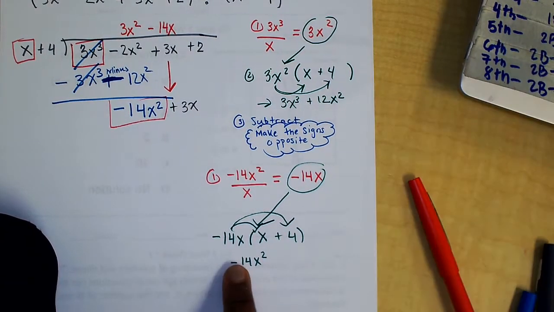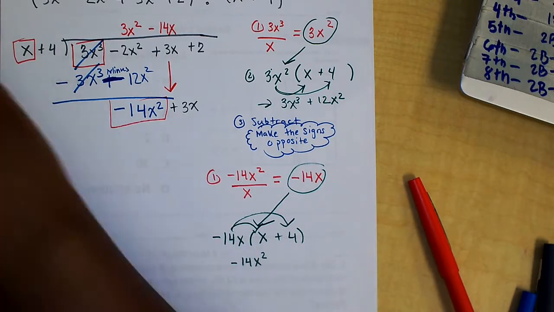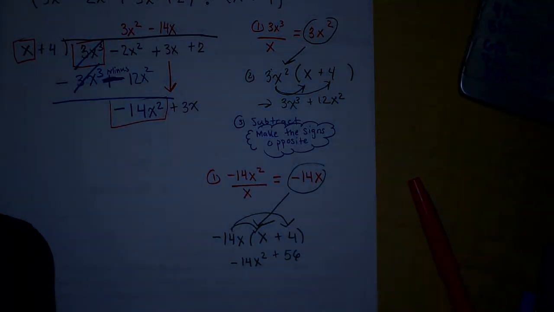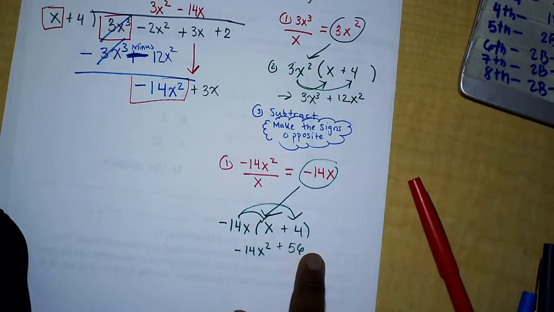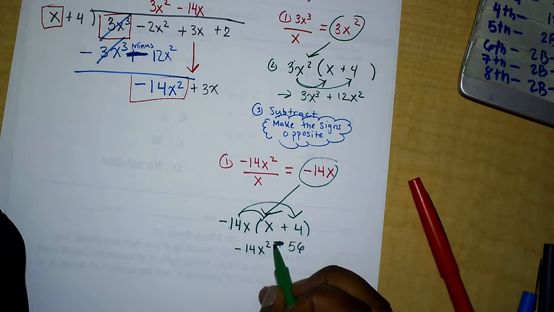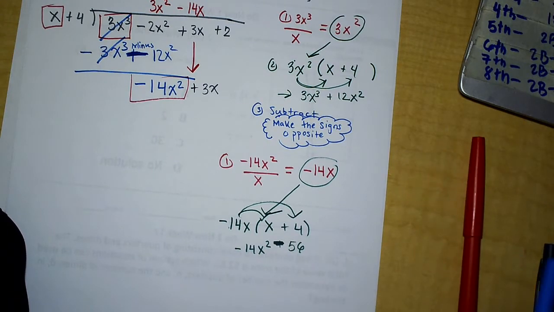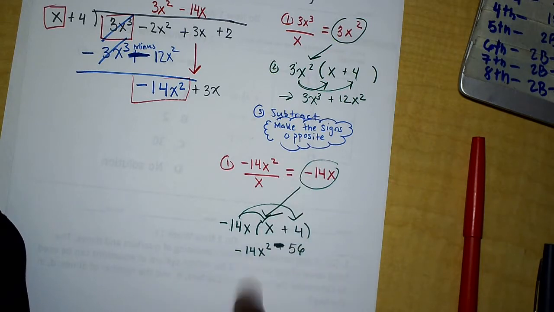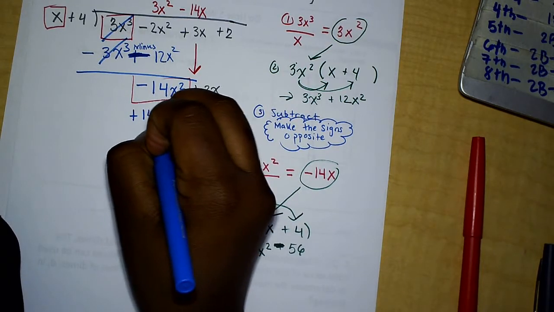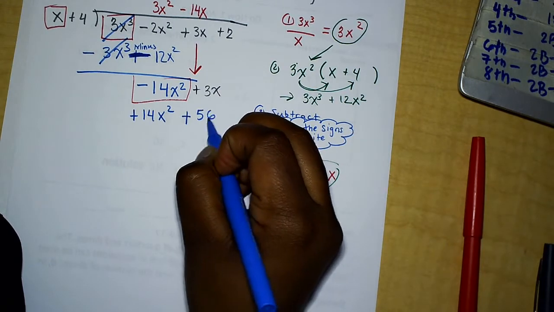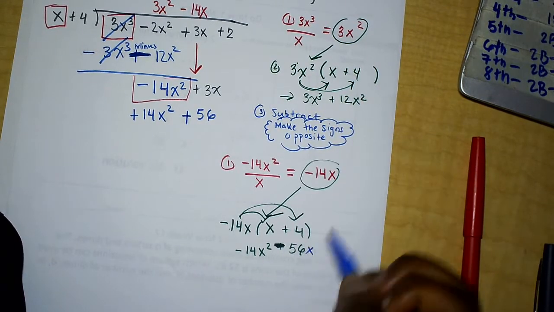Negative 14 times 4 is positive 56. Come on, light. There we go. Positive, this is supposed to be negative. Negative times a positive is a negative. Negative 56. So when we subtract, we got to make our signs opposite. So I'm going to have plus 14x squared and then plus 56x. Don't forget the x.